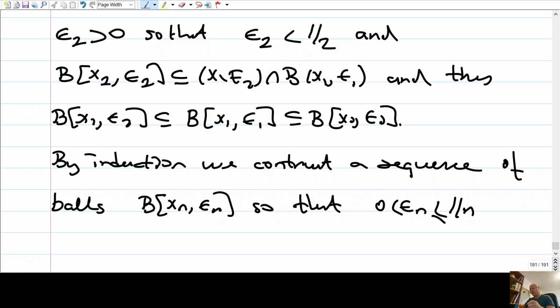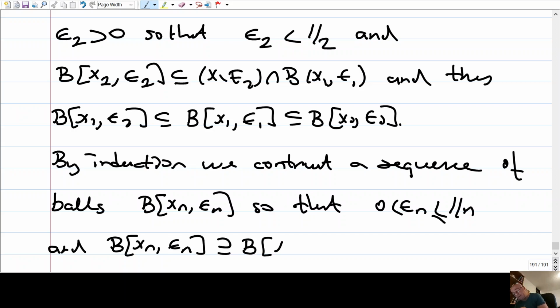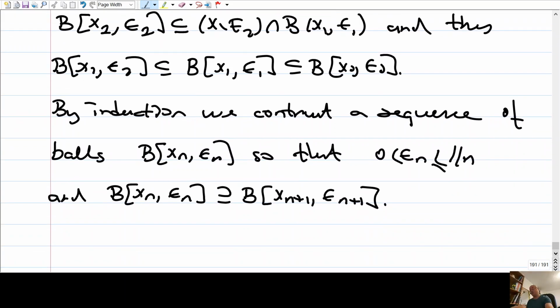Each time I choose my epsilon to be less than 1 over n. Epsilon 1 is less than 1, epsilon 2 is less than 1 over 2, and so on. I just keep doing this so that B(xn, epsilon n) contains B(xn+1, epsilon n+1). Well, this is precisely the assumption of the lemma.